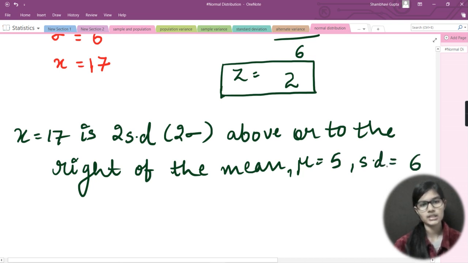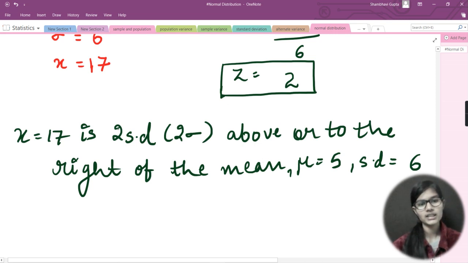Now I have written this in two long lines, so let me explain: x is equal to 17 is 2 times the standard deviation, that is 2 sigma, above or to the right of the mean.